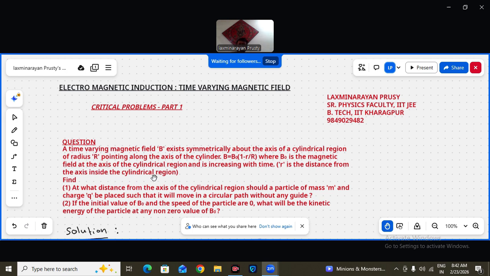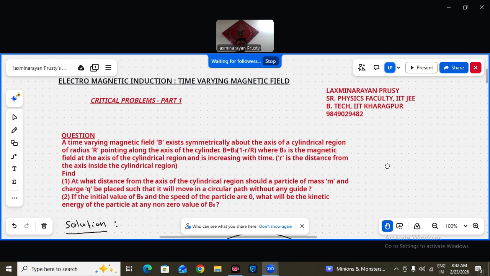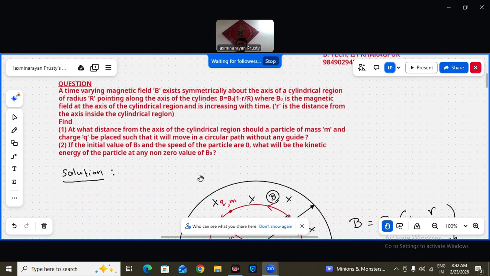Inside the cylindrical region means small r must be less than capital R.